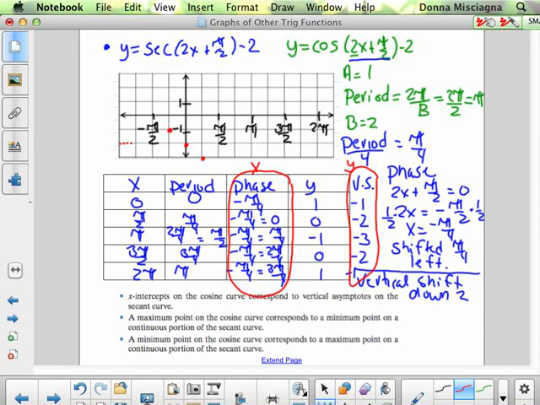Yes, I am. So 2 pi-fourths, which is the same as pi-halves, -2, right? So I'm just looking right here and here. And so 2 pi-fourths, and right there. And then 3 pi-fourths, -1, right? So that would be right here.